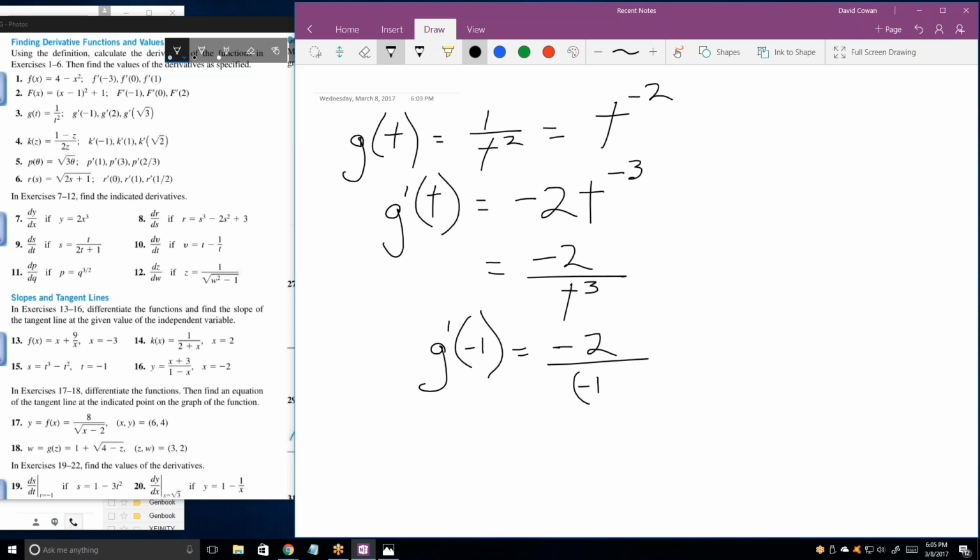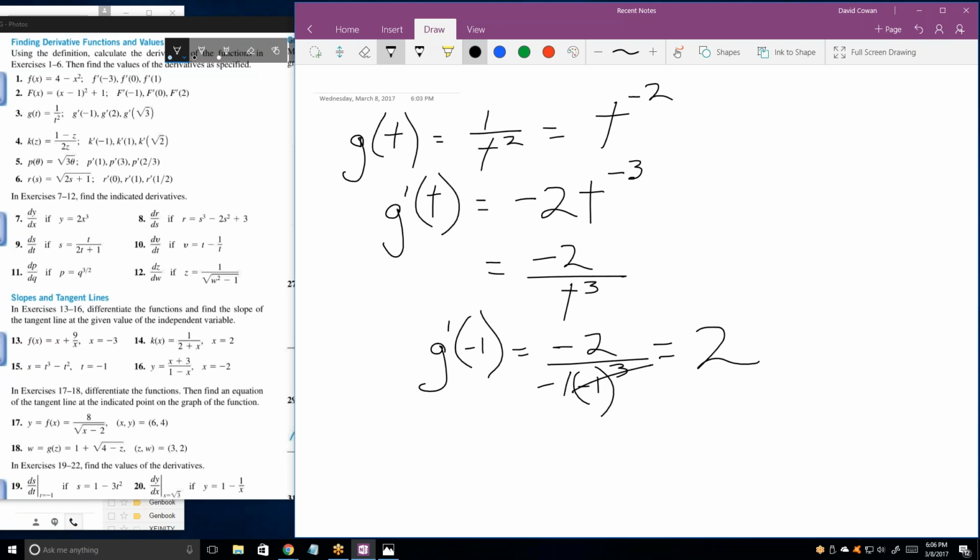Okay. What's negative 1 cubed? Oh, okay. So that would be negative 1. And then what's negative 2 divided by negative 1? Just 2. Positive 2. Okay. And I'm sure you can figure out g prime of 2.